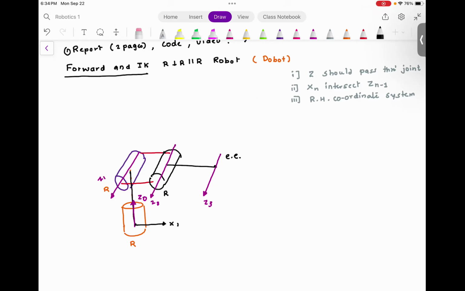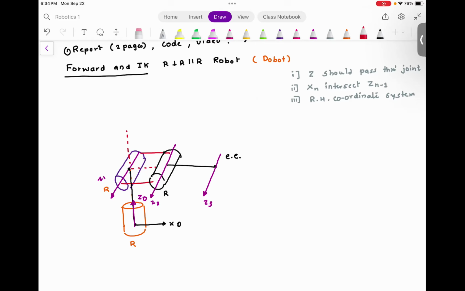Now can someone tell me, so this is X0. Now where should my X1 be? I have two choices for X1 and I will show you both. My X1 can go in this direction or my X1 can go in this direction. But remember, Xn, which is X1, must intersect Zn minus 1, which is Z0.